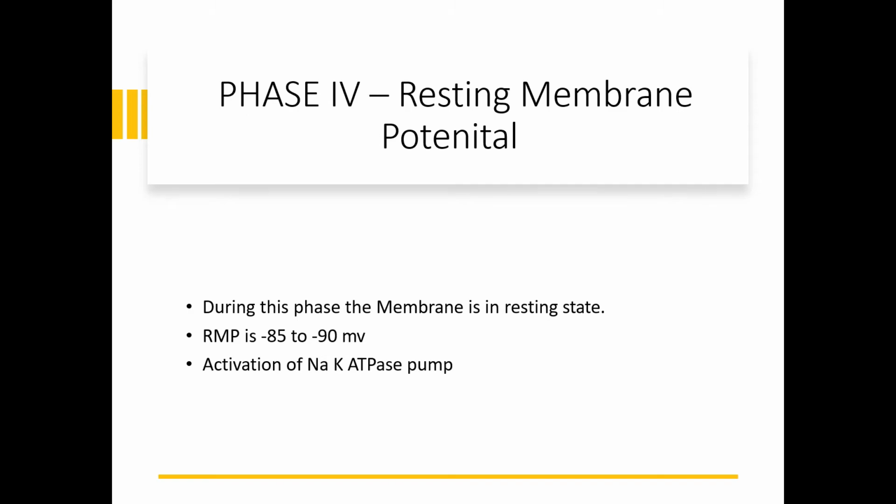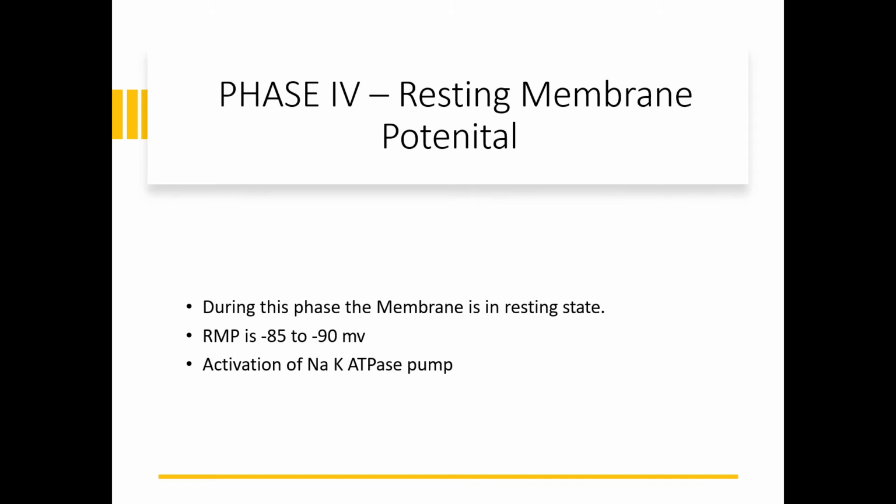So initially there is a resting membrane potential which is minus 85 to minus 90 millivolt, and then what happens when there is a stimulus from these pacemaker cells, this will cause some leakage of the sodium ions. As a result, the membrane potential will move from minus 85 towards minus 60 millivolt.